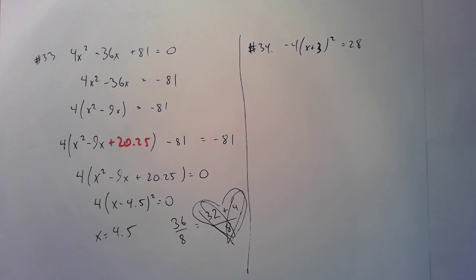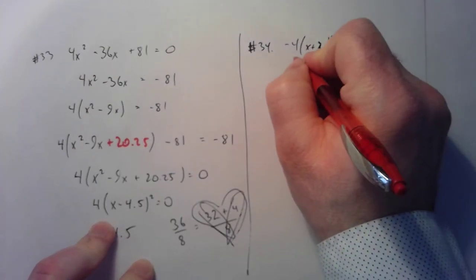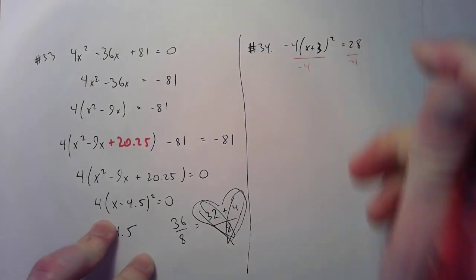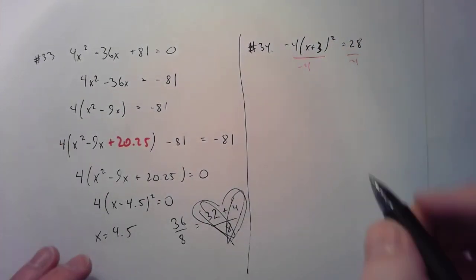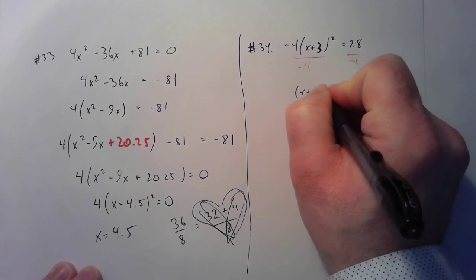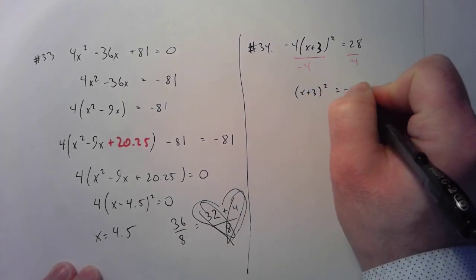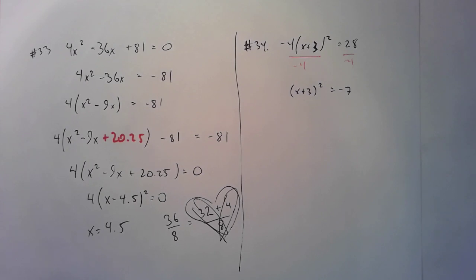Now, if we were to try to do this the simple way, that is to get x by itself, the first thing I would do is divide both sides by negative 4. If you do that, you end up with x plus 3 squared equals negative 7, which is difficult to do math with.